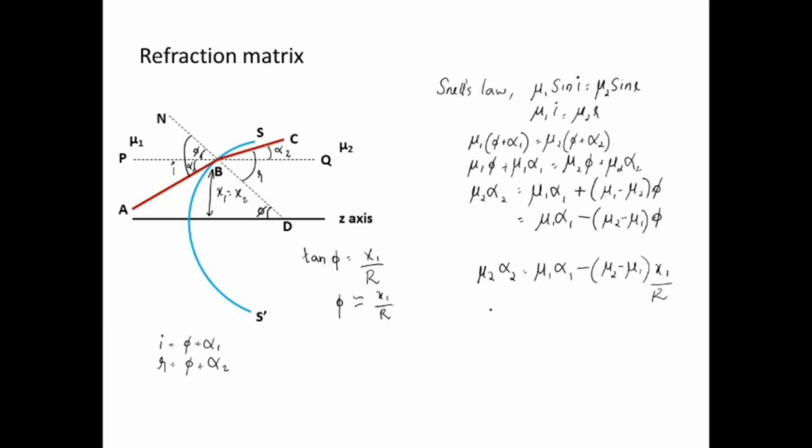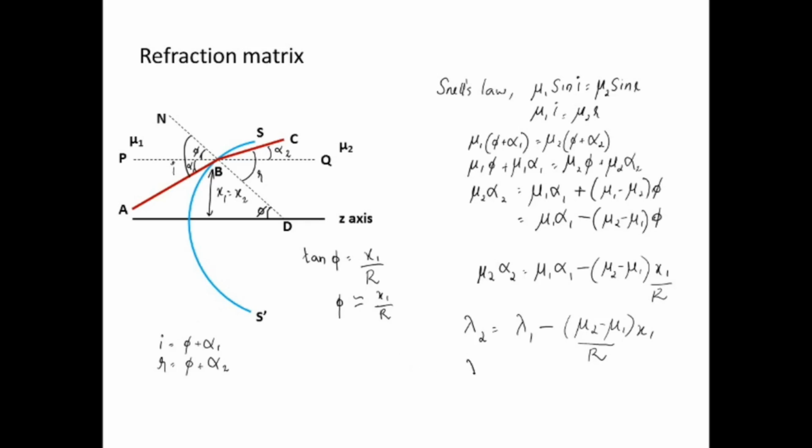Now, mu into alpha can be replaced in terms of the optical direction cosine lambda. Thus, I'll be able to write lambda 2 is equal to lambda 1 minus mu2 minus mu1 by r into x1. Now the term mu2 minus mu1 by r is actually the power of the refracting surface.